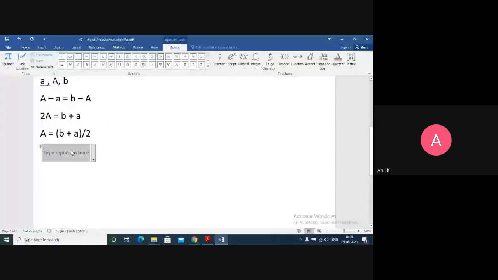So if I take A, the numbers I am going to insert are A1, then the next number is A2. Total, I'm not asking the sum of the numbers. I'm asking total numbers. How many?